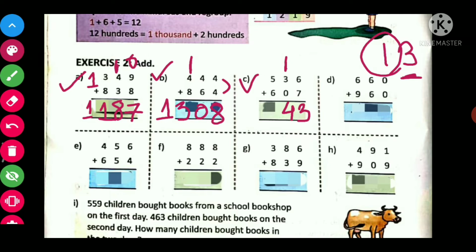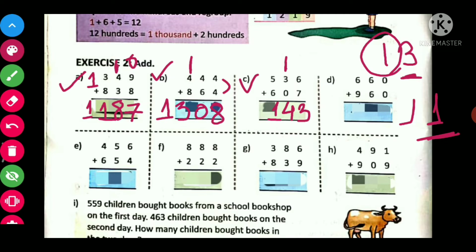Okay, next the 100 place value. You just see, 5 and 6 are there, so 5 plus 6 will be how much? 11, right? So 1 we will write here, and the other 1 we will give to the 1000 place value.